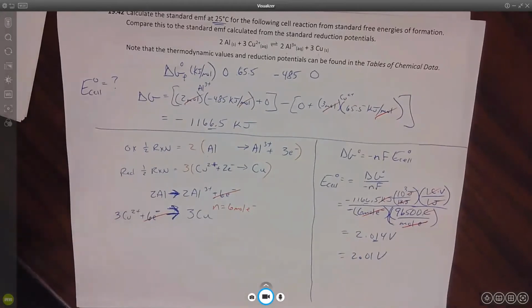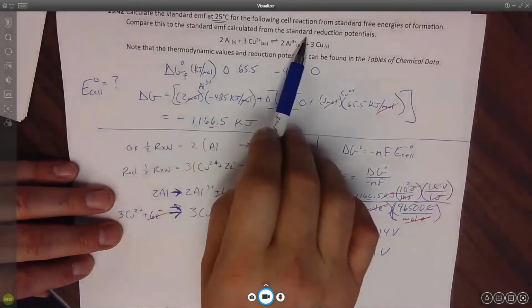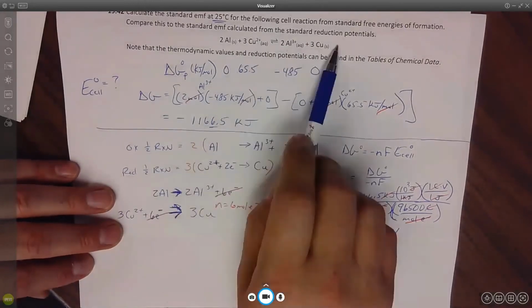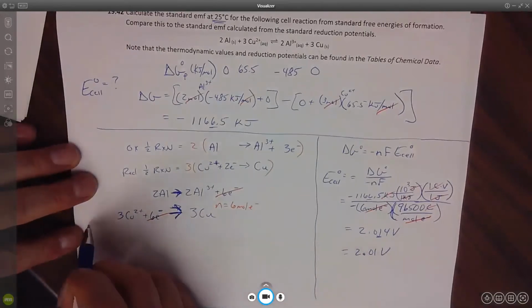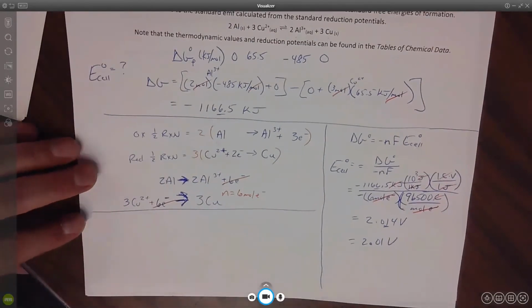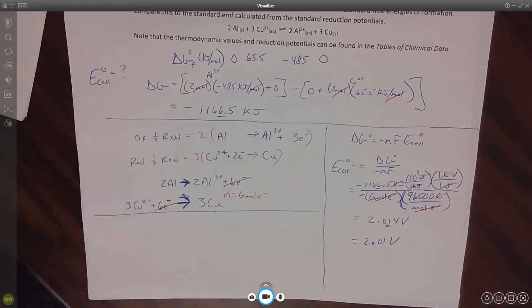Okay, now the second part says, calculate that by comparing it to the E cell naught that you get from the standard reduction potentials. How can we get E cell naught from the standard reduction potentials?